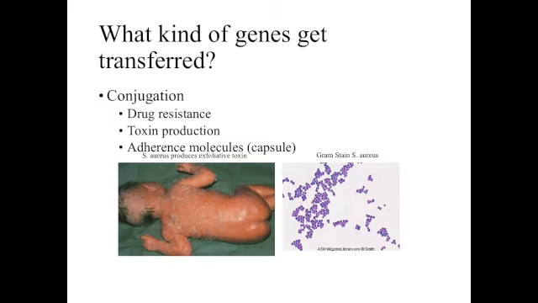One of the most important things that bacteria can transfer by conjugation are genes for drug resistance, so antibiotic resistant genes. And again, those can be passed from one species to another, not just within the same species. Another important thing is toxin production, or the production of molecules that are going to cause disease. A prime example of a toxin is produced by Staph aureus, and it's called exfoliative toxin.